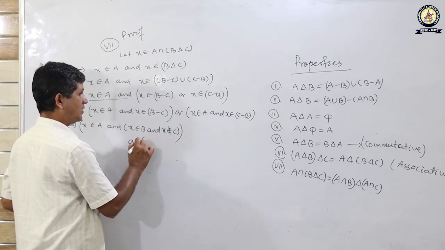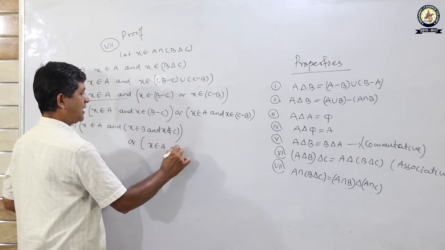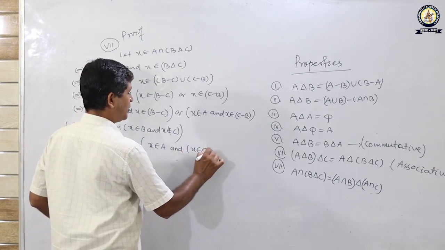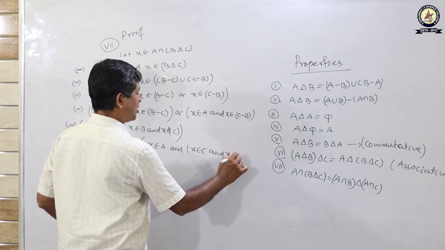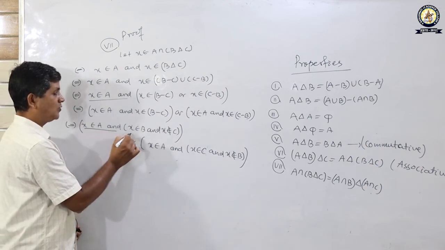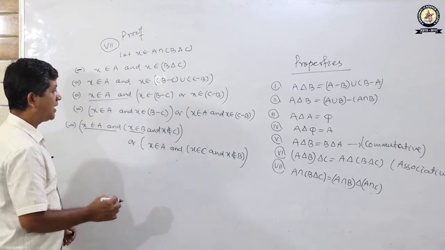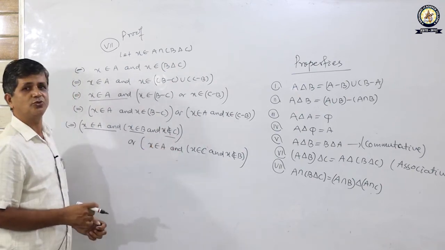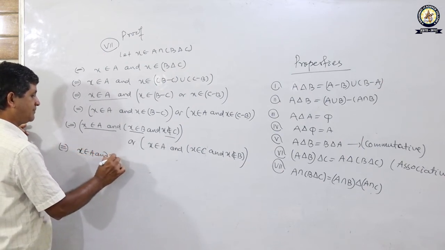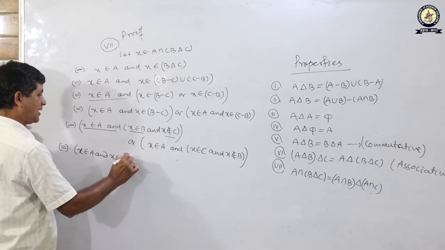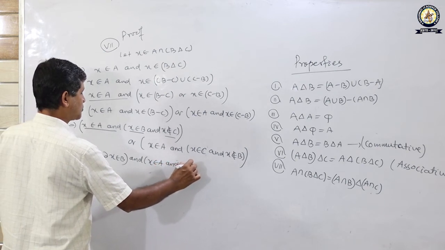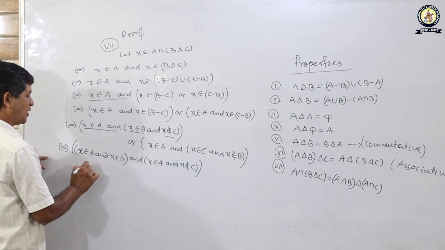Or X belongs to A and X belongs to C and X does not belong to B. So it will be like this: X belongs to A and X belongs to B, and X belongs to A and X does not belong to C. This is in one bucket.